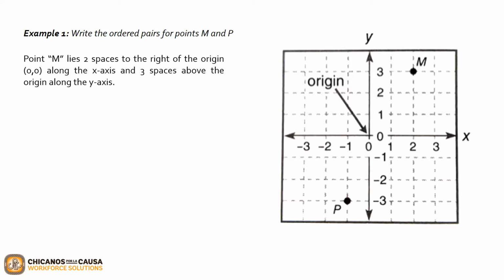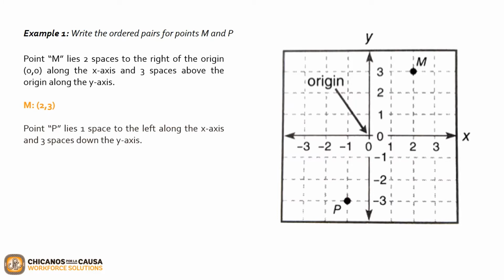Essentially, if we start out in the origin, we're going to move 2 spaces to the right, which would put us at 2 along the x-axis. Now, we have to move up 3 points on the y-axis in order to get to M. So this means that our ordered pair for M is (2, 3).